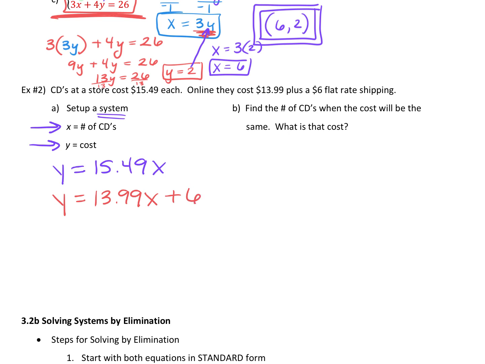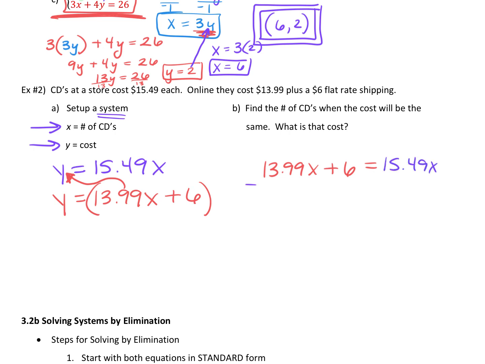Okay, so if we're going to do substitution, you always have to isolate first. Have we isolated? They're both isolated. These ones are lovely because now what you do is you're essentially just setting them equal to each other, right? This would replace the y here. So we're going to say 13.99x plus 6 is equal to 15.49x.